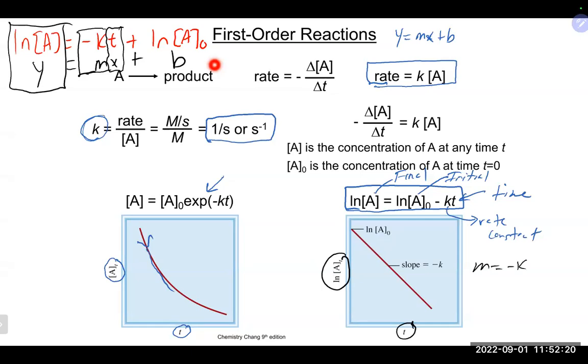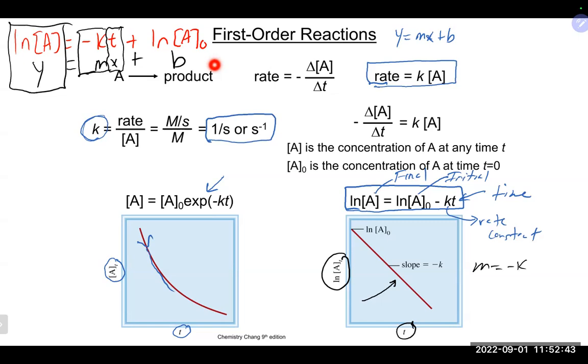First off, any questions on that there? Now, speaking of that, when I look at this line here, does this line have a positive slope or a negative slope? It does have a negative slope, and that is why the rate constant is equal to negative of the slope.